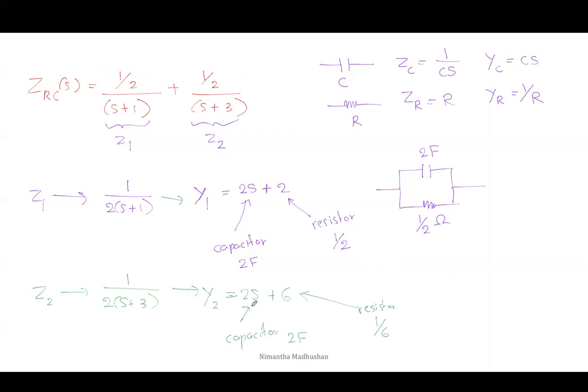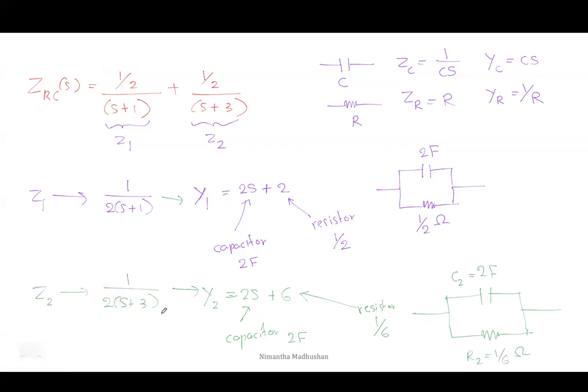These two are admittance values combined with the plus mark, so these two elements, a capacitor and a resistor, are connected in parallel. Capacitor value is 2 farad, C2, and resistor value is 1 over 6 ohm.